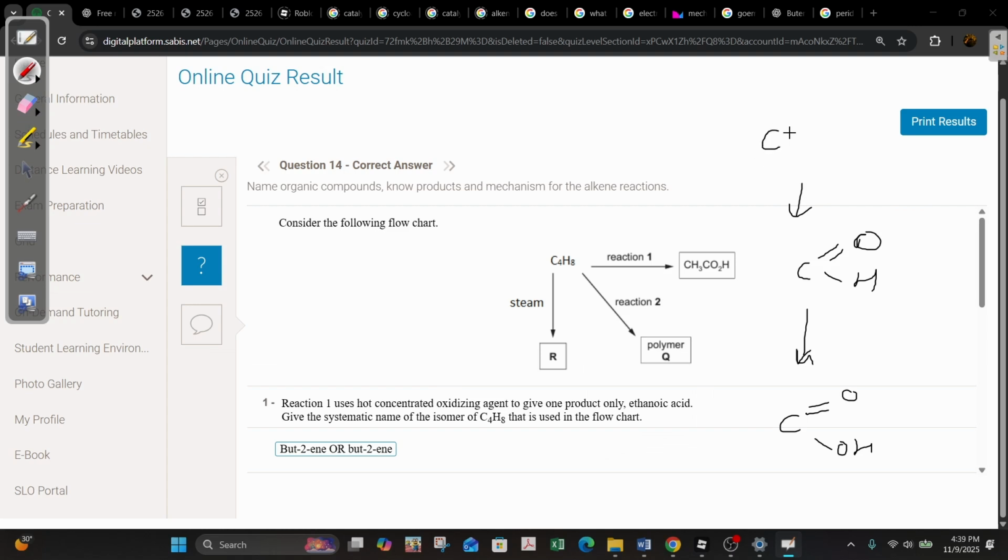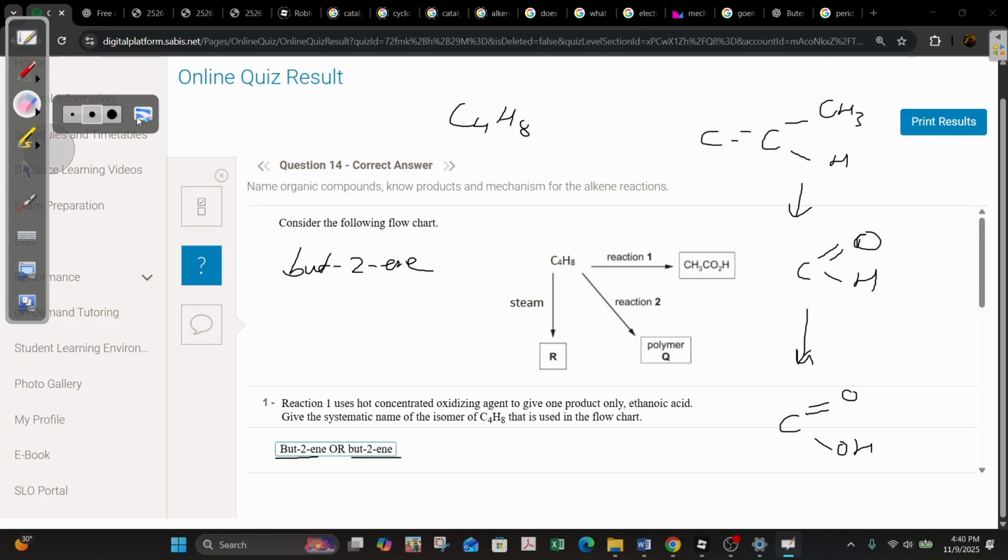This will come from a CH3 group up here, and an H group that will bond to some carbon. So what is the only isomer that has a CH3 here and has the formula C4H8? It's going to be butene. I'm pretty sure they meant cis-butene or trans-butene here, but I don't know.